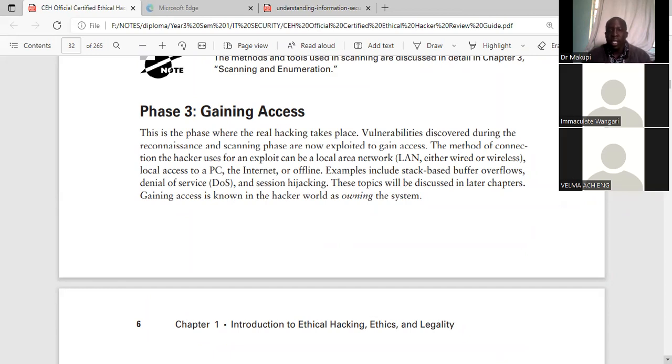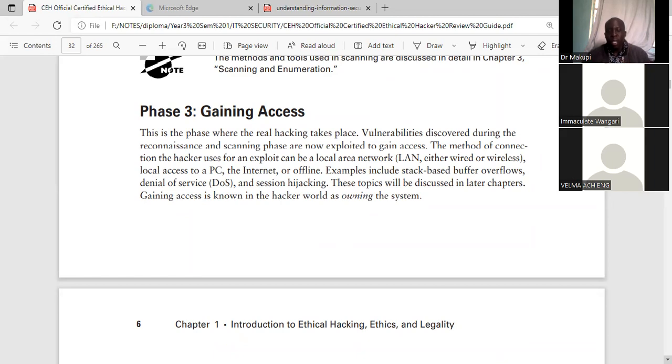Some of these methods for gaining access include buffer overflows, denial of service, and session hijacking. So you see, sometimes you have understood that this is the IP address that I want to bring down, you see. So you send so many requests that the machine cannot handle, which now results in denial of service.